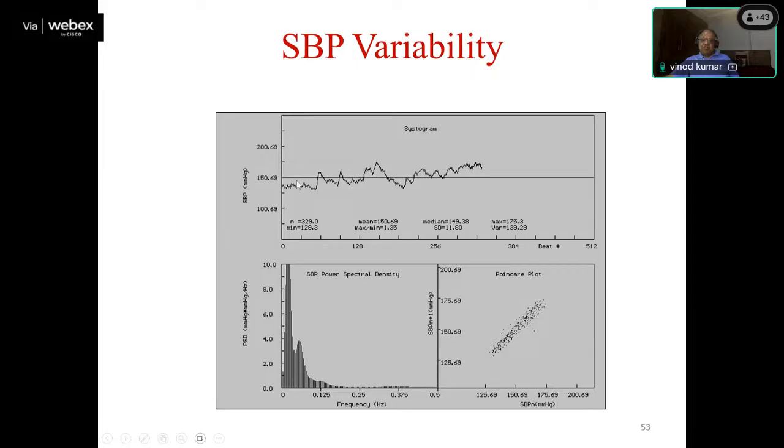This type of chart is prepared by the standard machines that give HRV analysis with respect to heart rate, blood pressure, and respiratory rate. They will give you a tachogram, a spectrogram, and a Poincare plot.